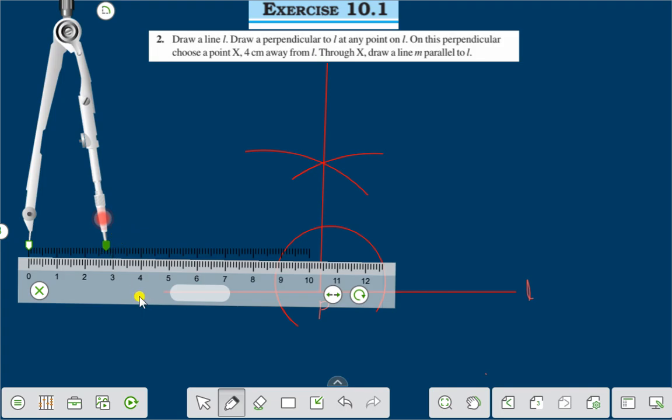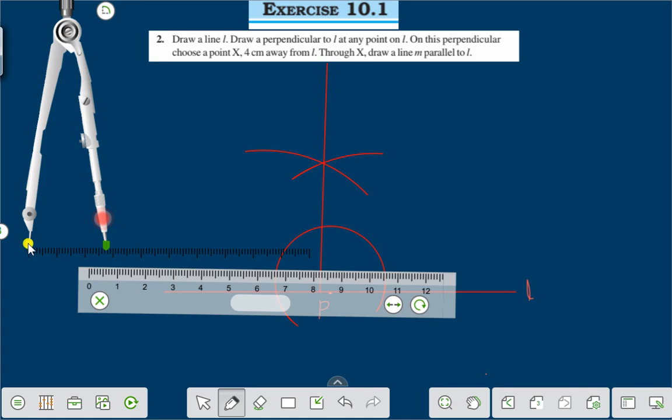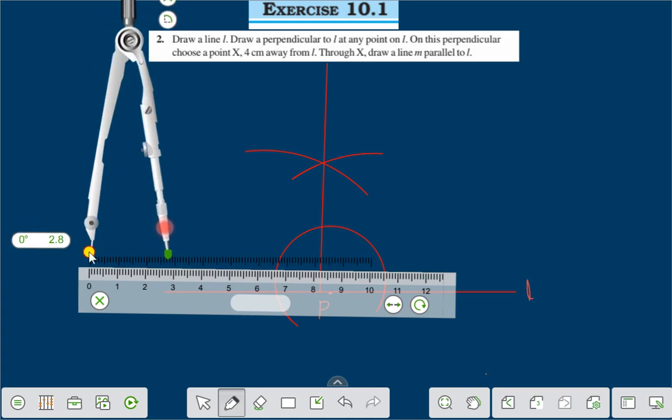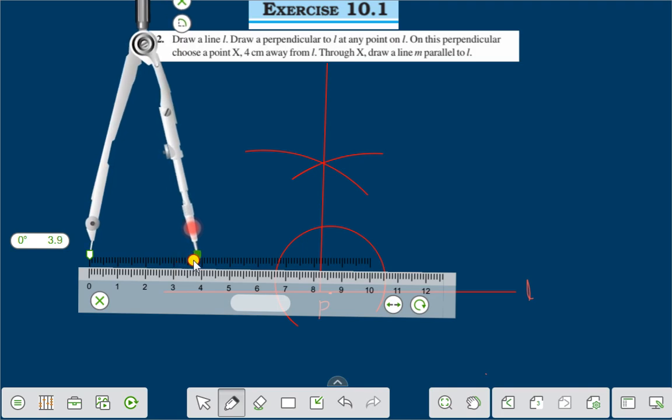Here you see, this is 4 cm, 0 to 4 cm, right?